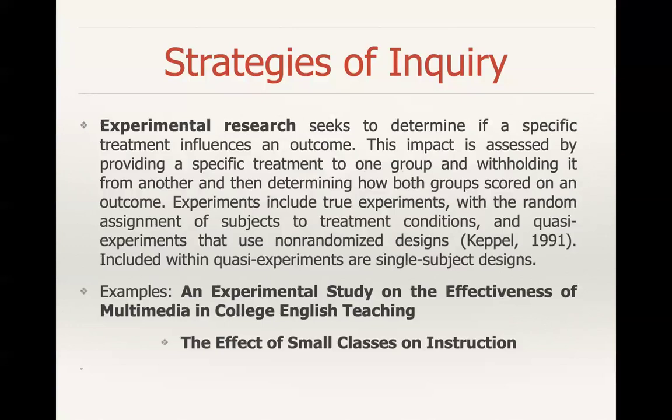Experimental research. It seeks to determine if a specific treatment influences an outcome. This impact is assessed by providing a specific treatment to one group and withholding from another, and then determining how both groups scored on an outcome.